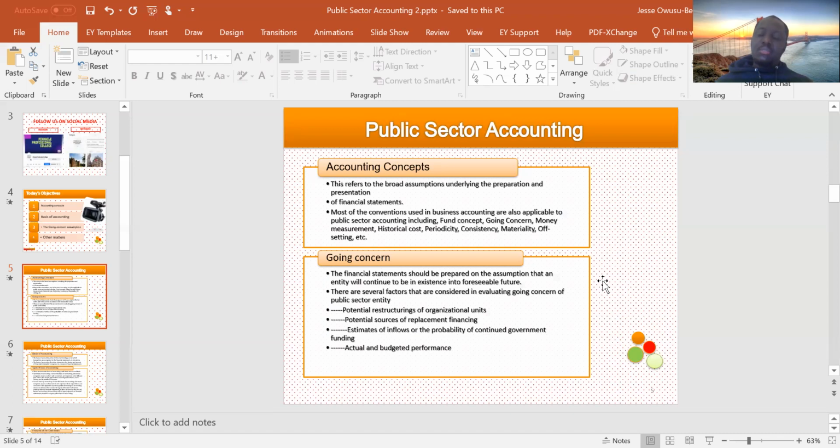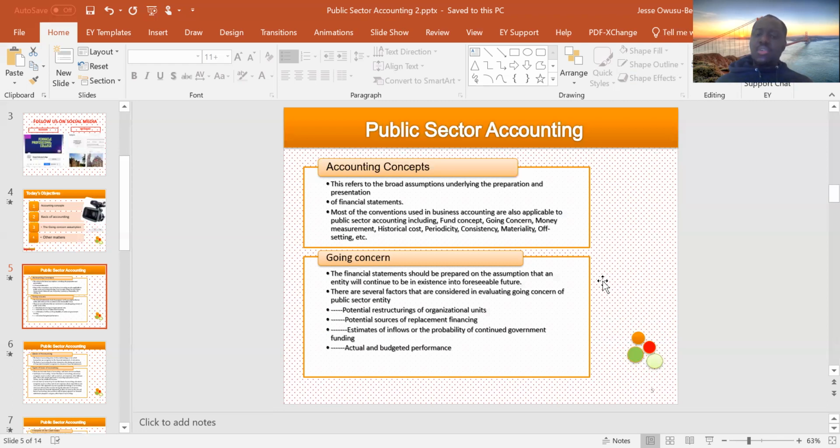To make things better, to structure things in such a way that it yields the highest benefits for the organization. You also have potential sources of replacement financing. If a public sector organization has sources of replacement financing, then it means that in times of emergency, it can latch on to excess cash from these replacement sources. And so that is also a pointer towards going concern.